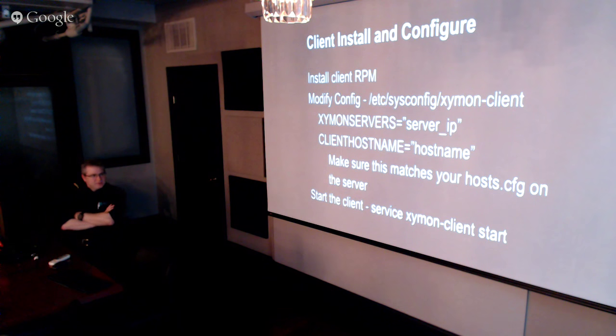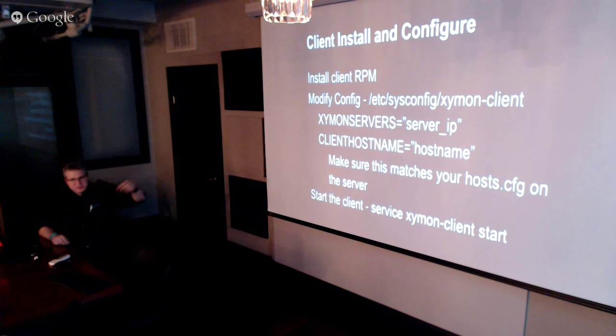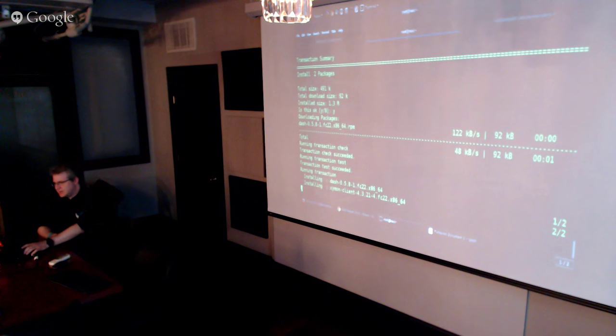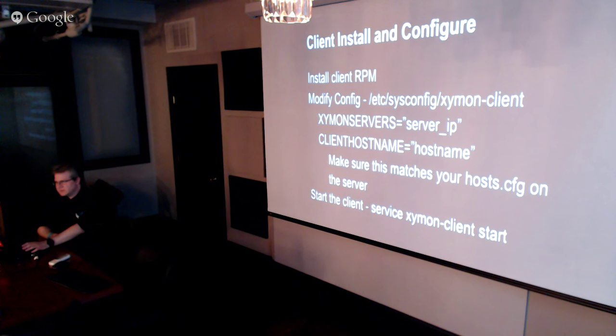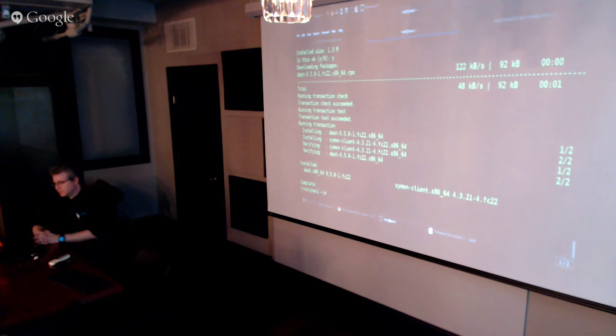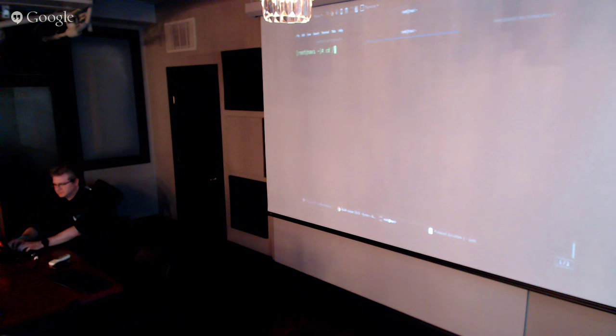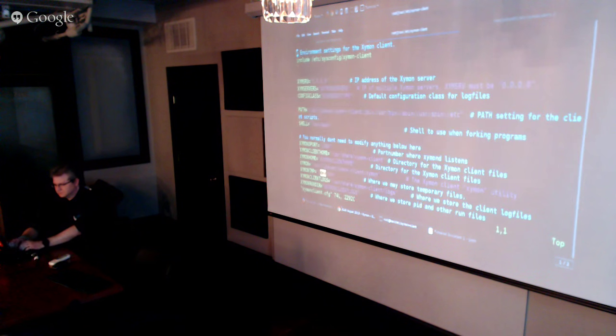There's essentially two things you need to change in the config for the client. In the etc sysconfig folder, there's a xymon-client file. You need to change the Xymon servers to put your server IP, and you may want to stick your host name in so that it matches your host config file. I've tried to let Xymon guess what the host names are, and sometimes they don't match, and then you're not seeing any data feeding into the system.